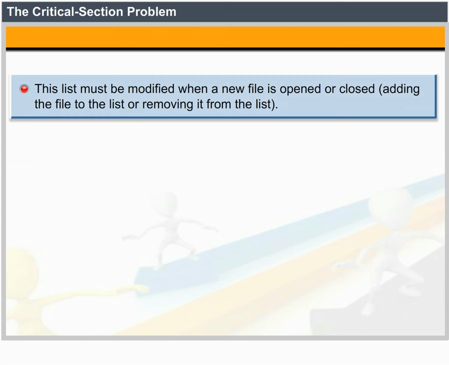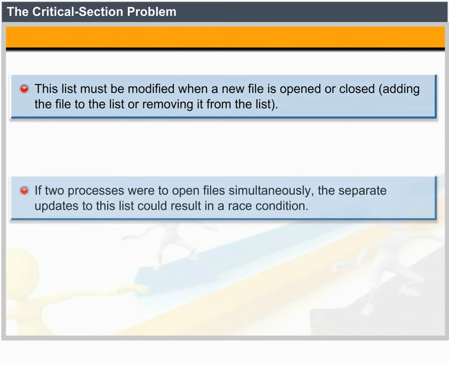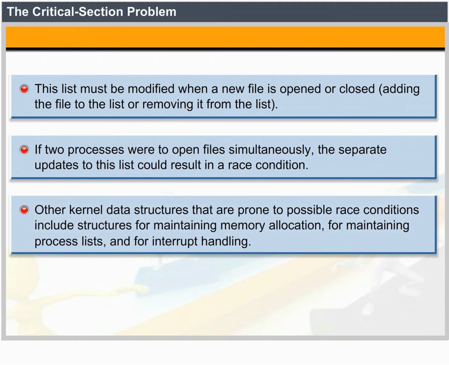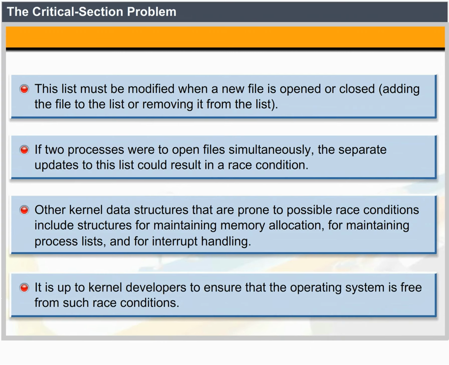If two processes were to open files simultaneously, the separate updates to this list could result in a race condition. Other kernel data structures that are prone to possible race conditions include structures for maintaining memory allocation, for maintaining process lists, and for interrupt handling. It is up to kernel developers to ensure that the operating system is free from such race conditions.